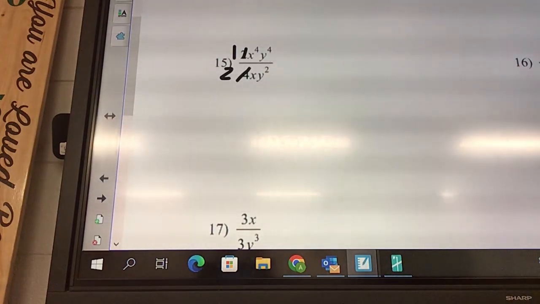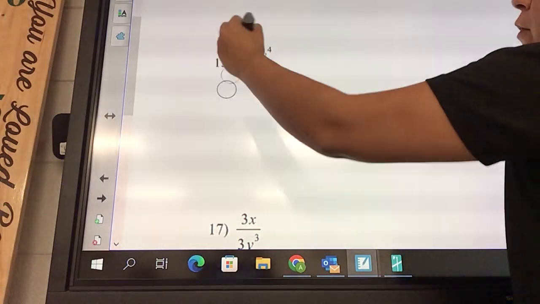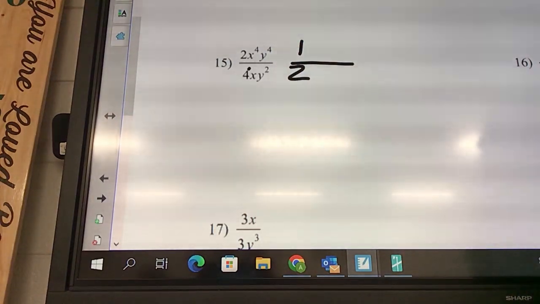Right now, hit that fraction button. Do it so you know what I'm talking about. Hit your fraction button and type in 2, and then put 4 on the bottom. What do you get? 1 over 2, which is exactly what I got doing it by hand. So if you know you're not very good at fractions, use a calculator. So we got 1 over 2.